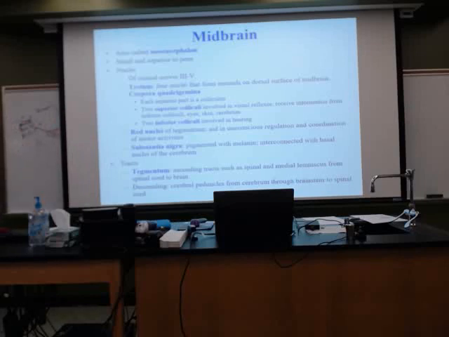Okay? So that's telling me that in this area where I have these nuclei in my midbrain, if it's interconnected, I'm going to have connections with some basal nuclei in my cerebrum. They are now interconnected. Does that make sense?